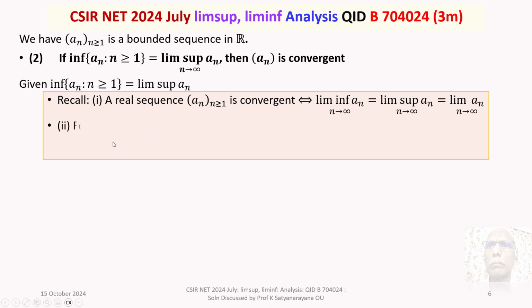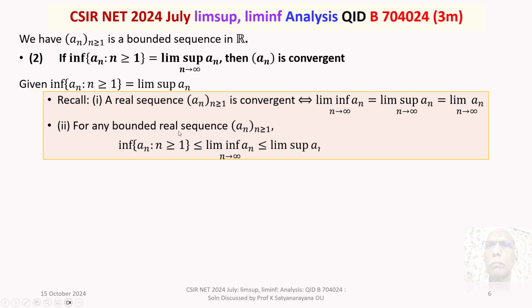We recall result 2. For any bounded real sequence a_n, n greater than or equal to 1, infimum of a_n is less than or equal to limit inferior of a_n, which is less than or equal to limit superior of a_n, which is less than or equal to supremum of a_n. This is the result we have.